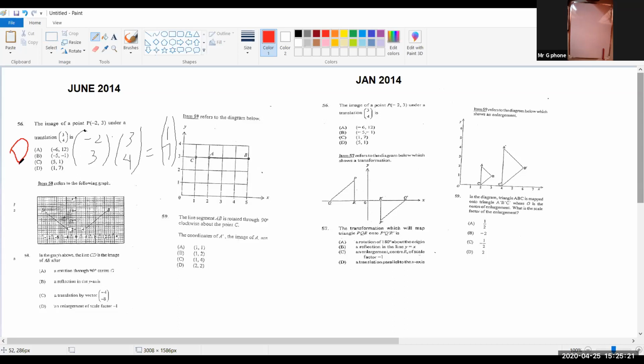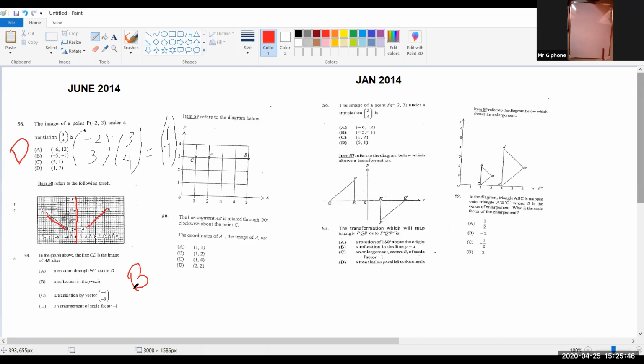What do you all think it is? Johnson, what do you think it is? A reflection. Correct, it's a reflection in the y-axis, for this line as well as this line. So yeah, B.